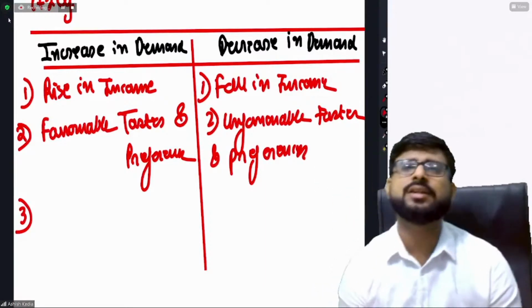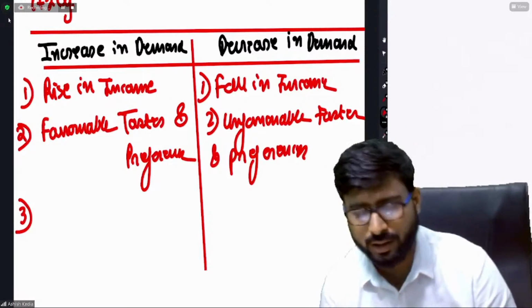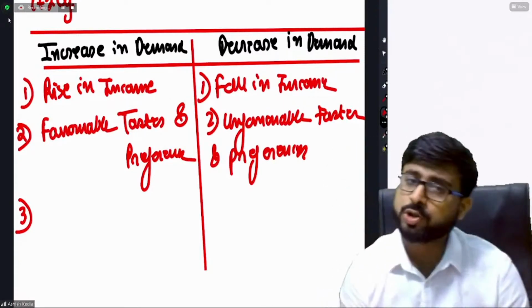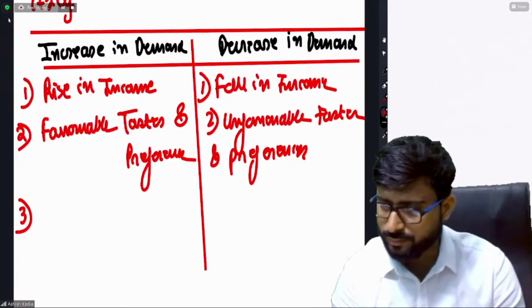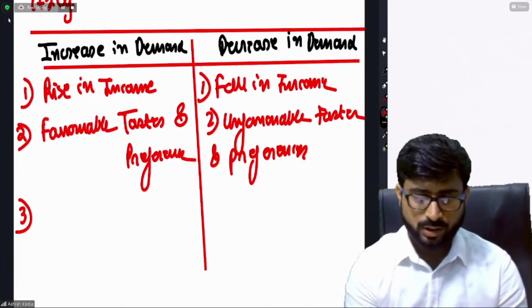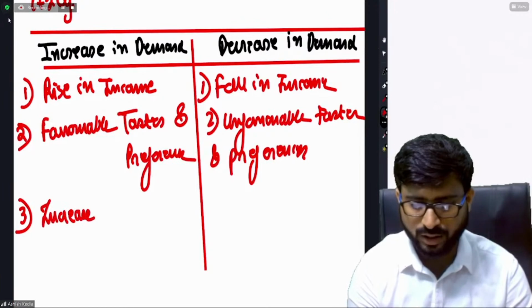What else? Increase in demand. Everyone, increase in demand is caused by what reason? Other reason could be increase in population of the country.